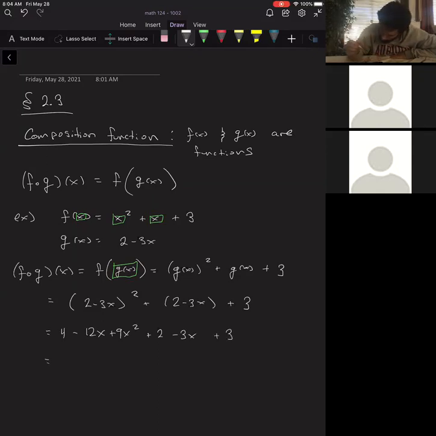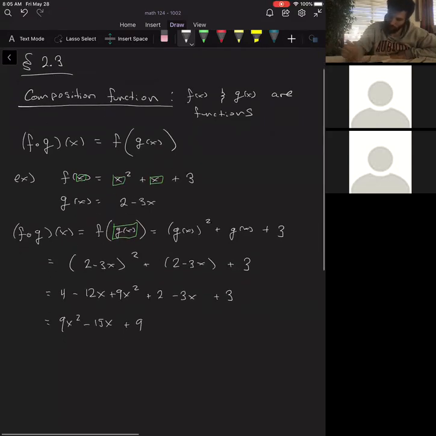Combining all the like terms, we have 9x squared minus 15x. Then 4 and 2 is 6, and 3 is 9, so plus 9. And so this right here would equal f composed with g of x.